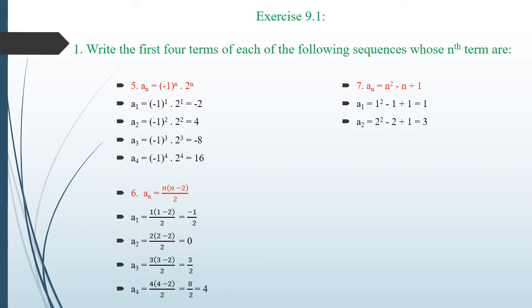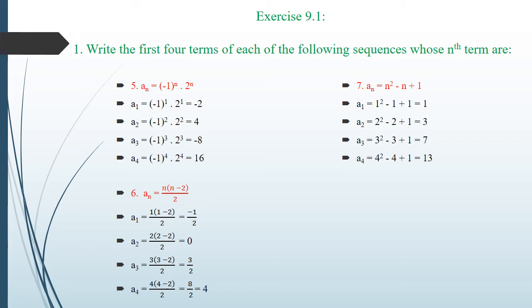Similarly, second term a2 is equal to 2 square minus 2 plus 1. 2 square is 4, 4 minus 2 is 2, 2 plus 1 is 3. a3 is equal to 3 square minus 3 plus 1. 3 square is 9, 9 minus 3 will give me 6, 6 plus 1 is 7. Next, a4 is equal to 4 square minus 4 plus 1. 4 square is 16, 16 minus 4 is 12, plus 1 is 13.